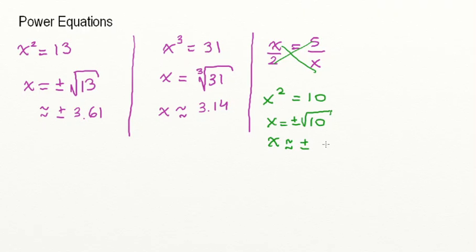So this will give you that x is approximately 3.16. I'm keeping those values up to 3 significant figures, which is usually how many we keep. But yeah, try to get used to keeping those numbers of significant figures if you're not asked for anything different than that.